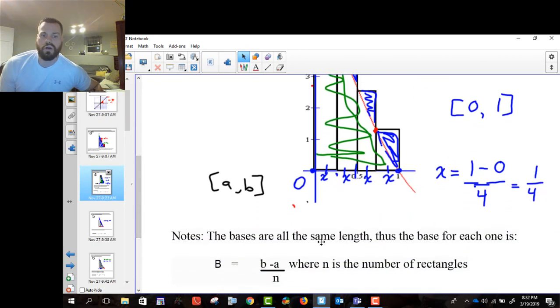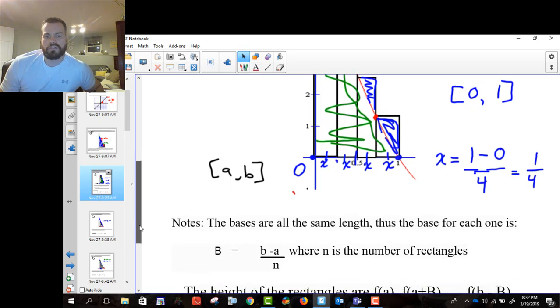And that is true all the time. So if we have an interval from A to B as opposed to from 0 to 1 in this specific case, then the general formula for the bases of the rectangles is B minus A, right endpoint minus left endpoint, divided by the number of rectangles.